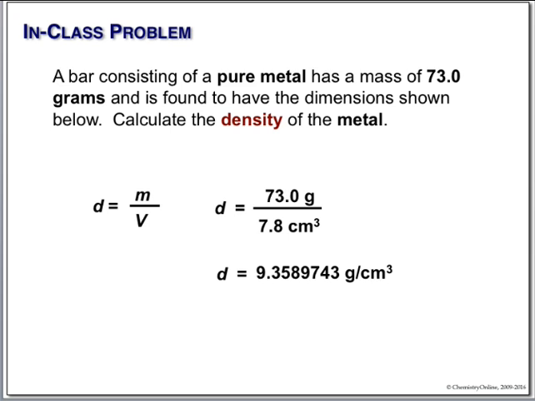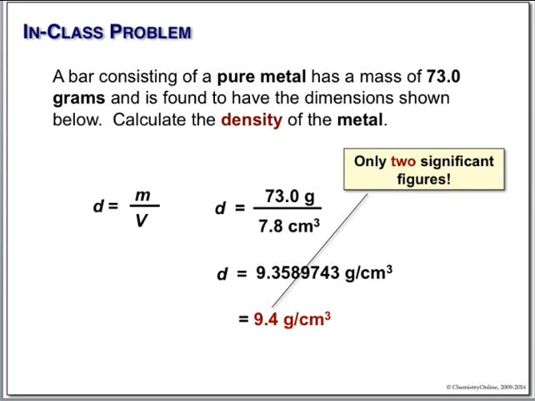But only 2 in the bottom. So it can't be any more accurate than 2. Even if there's 3 in one or 4 in one, it has to be the smallest one. So we're going to round this to 2 significant figures, and that's 9.4. Any questions?